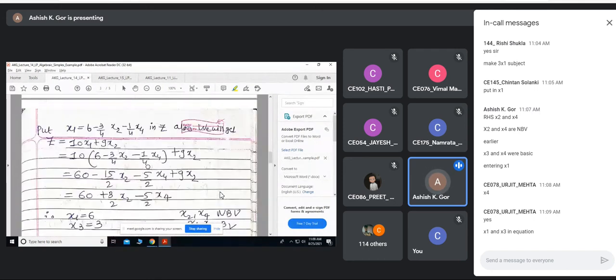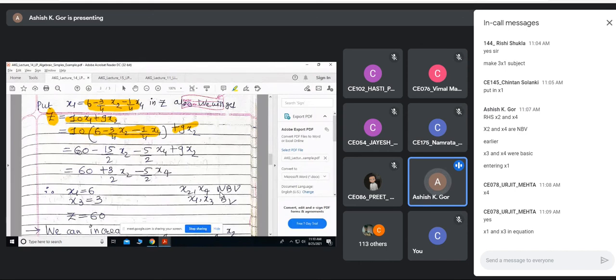I need to put that in the objective function because I want everything in terms of x2 and x4. My original objective function is z equals 10x1 plus 9x2, but for x1 I put 6 minus this, plus 9x2.